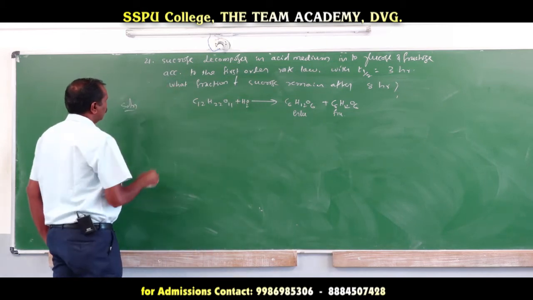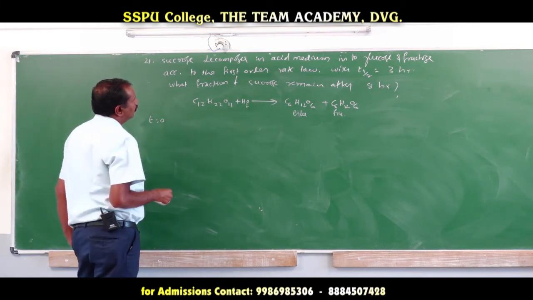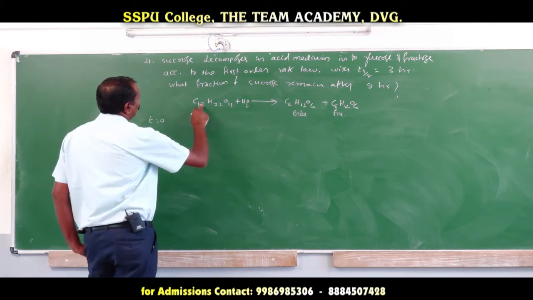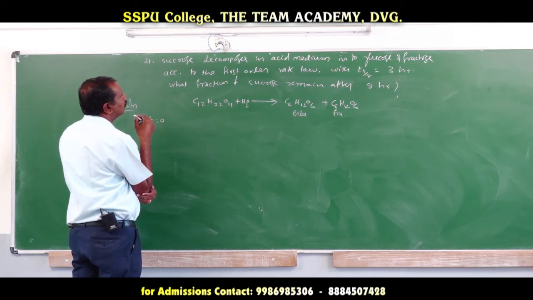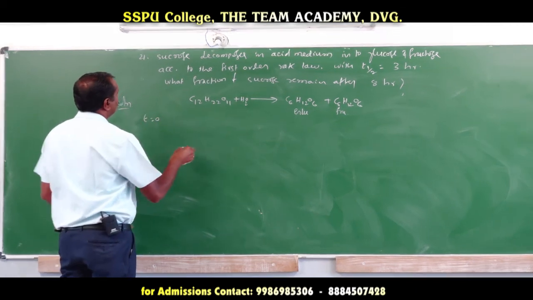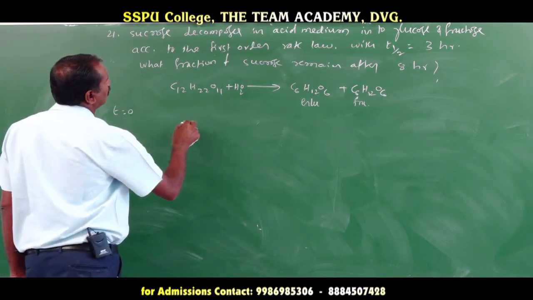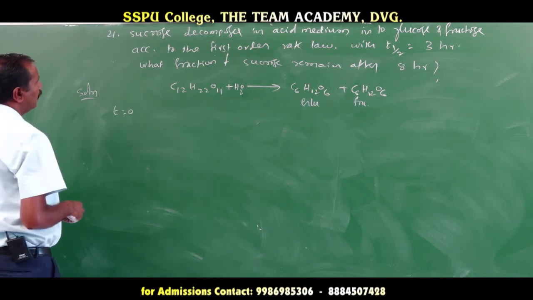When T equals 0, we have the concentration of sucrose. According to first order, the half-life is given as 3. What fraction of sucrose remains after 8 hours?